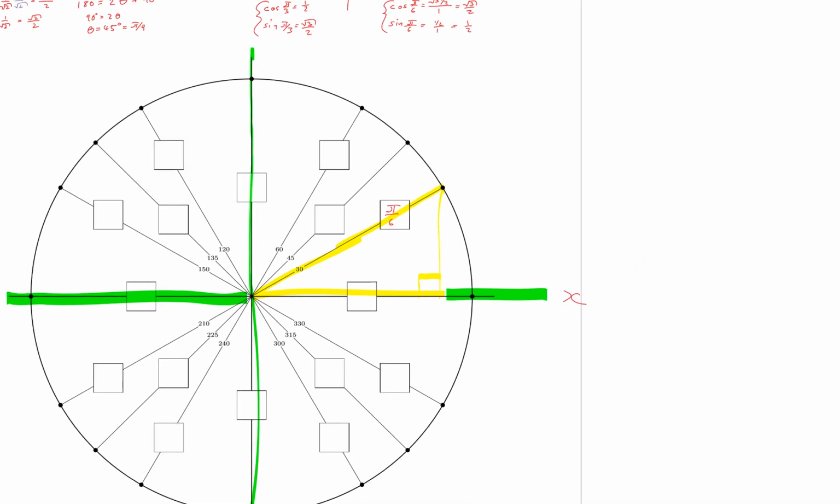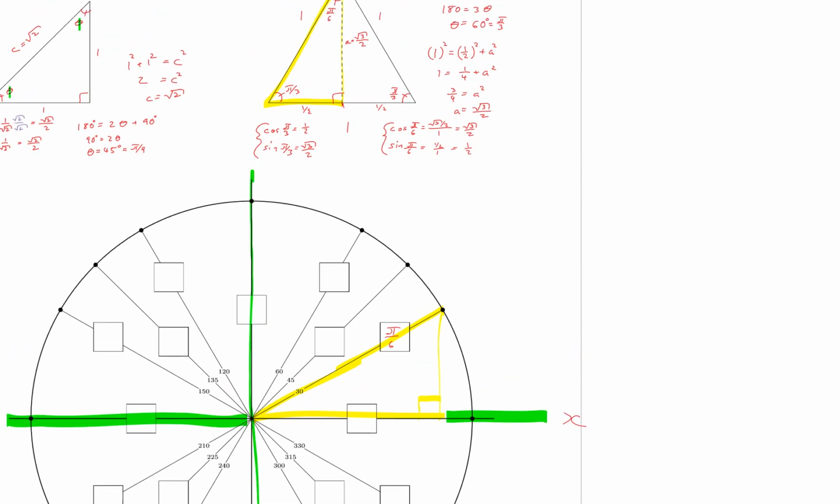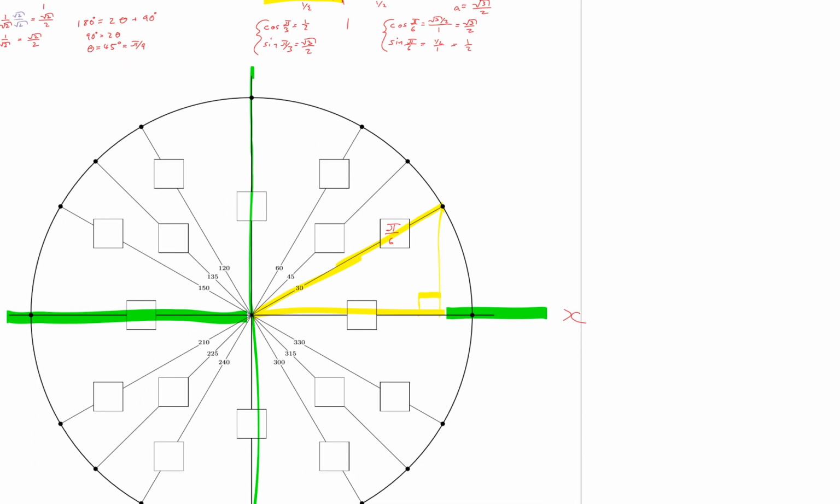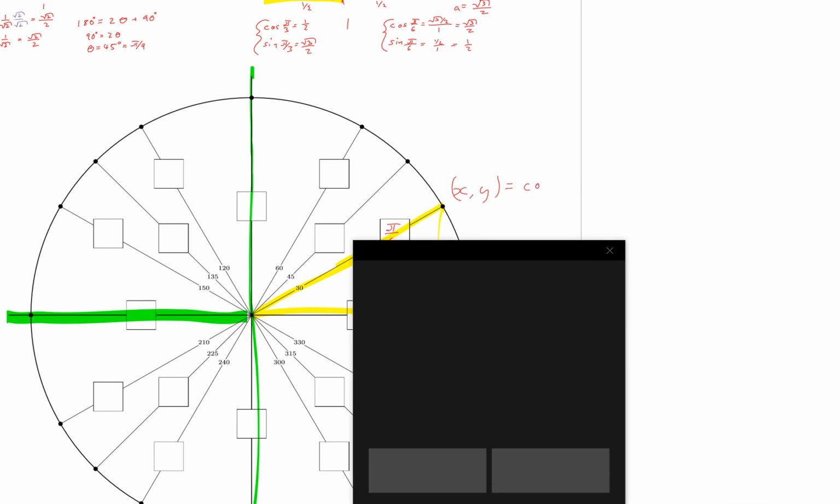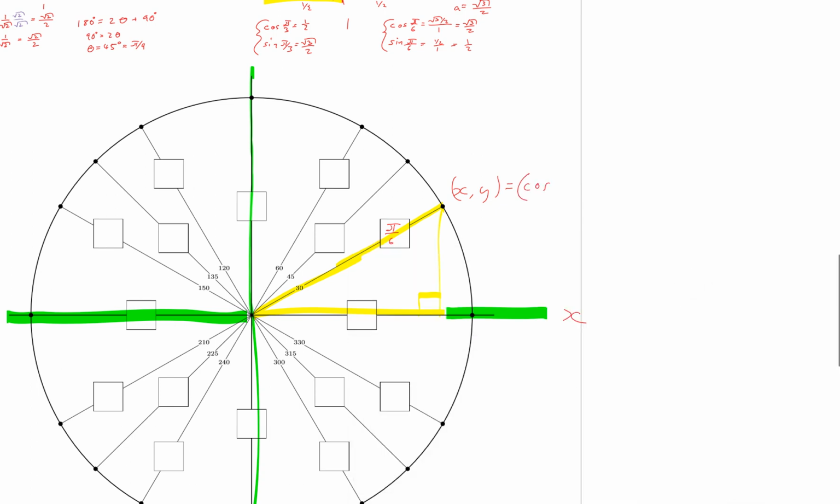And we already worked through everything here because the radius is going to be 1, right? Radius is 1. And so pi over 6, it's a very similar setup to this triangle here. And so all of our x and y values are going to equal the cosine and sine of the angle we're looking at.